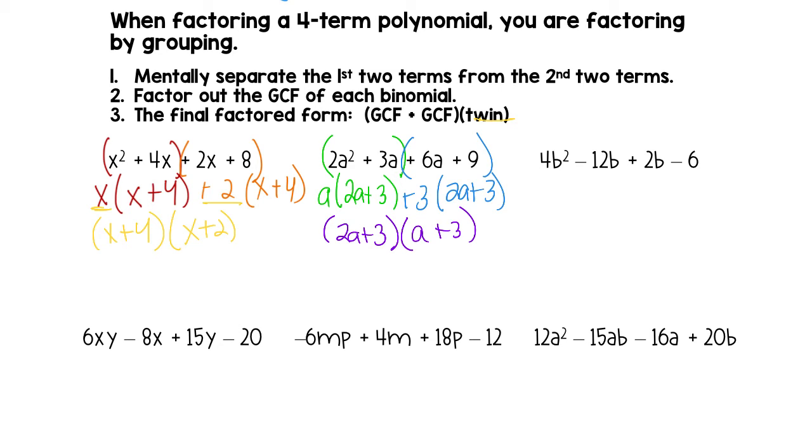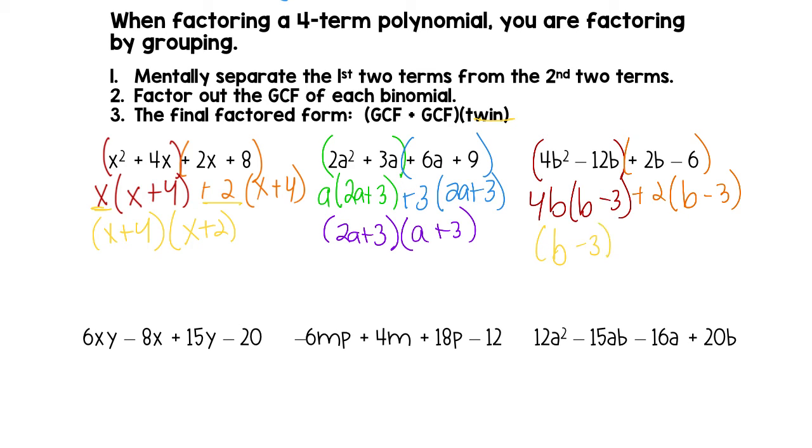Let's keep it going. First 2, second 2. We can factor out 4b, and we're left with b minus 3. Second set, I can factor out plus 2, and I'm left with b minus 3. Put it all together.